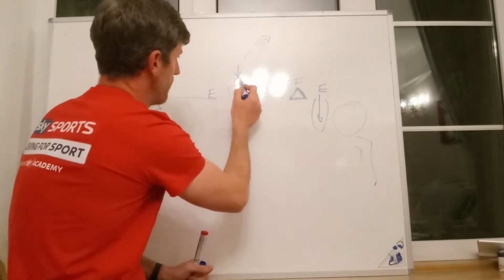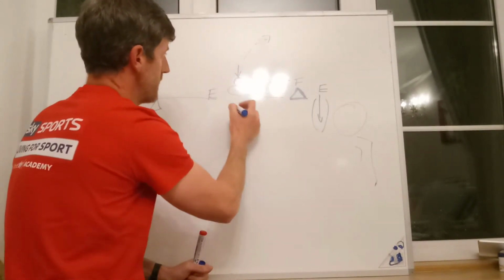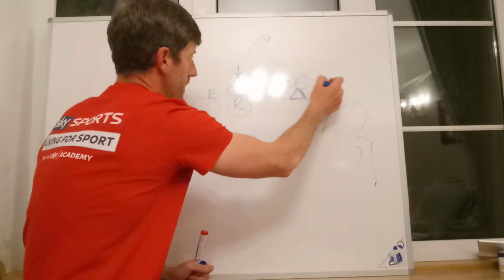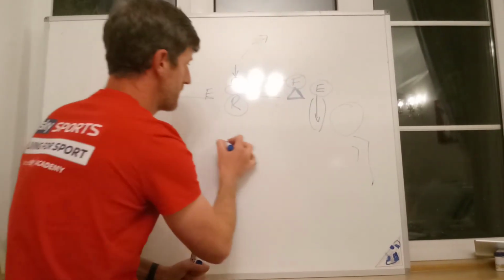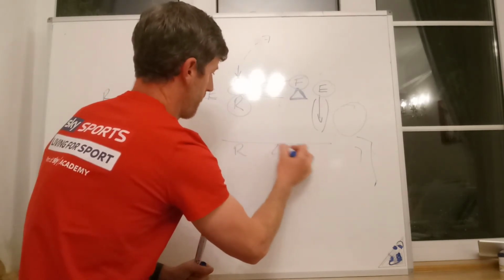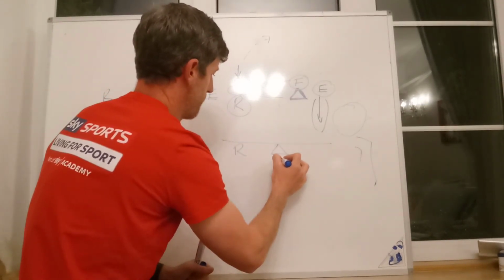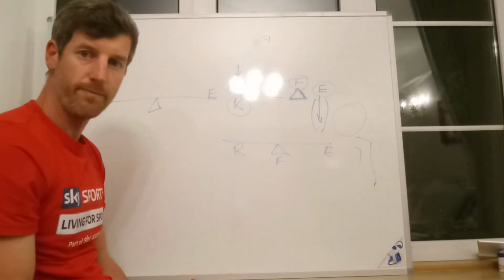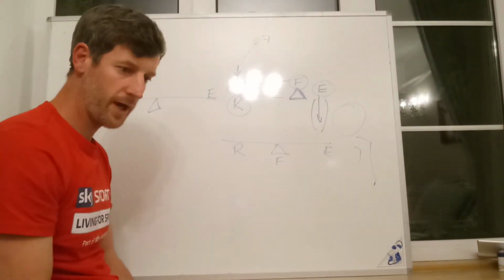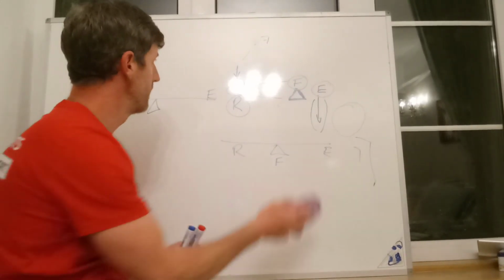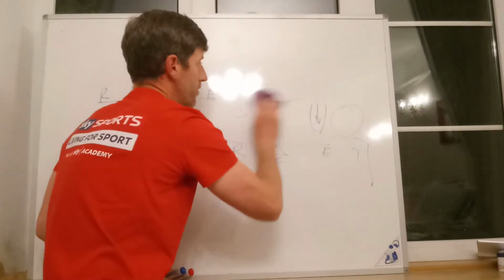So the resistance is here, the fulcrum's there, and the effort's there. There's your type 1, elbow extension. You'll see a better diagram than that on the slides.